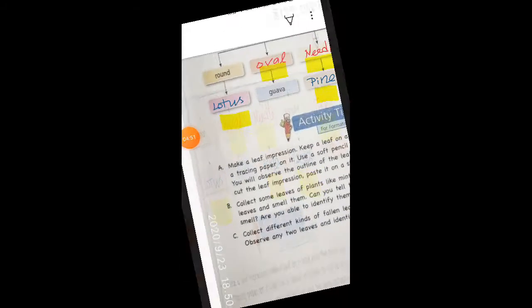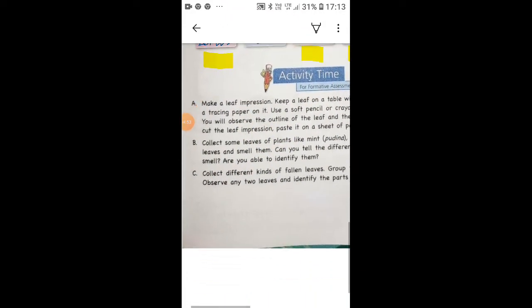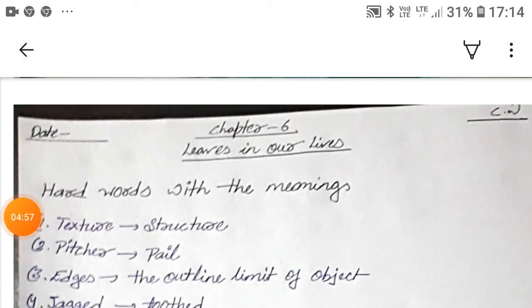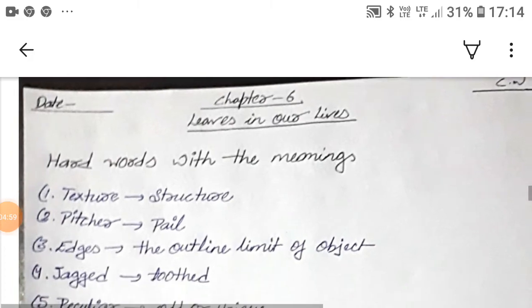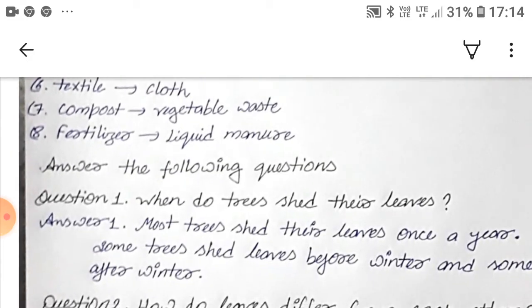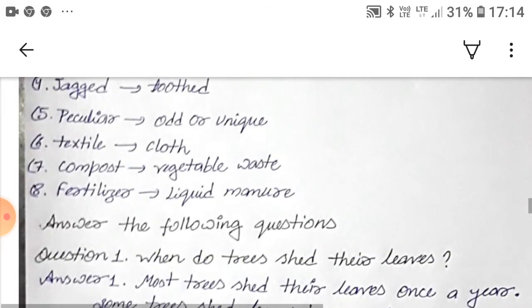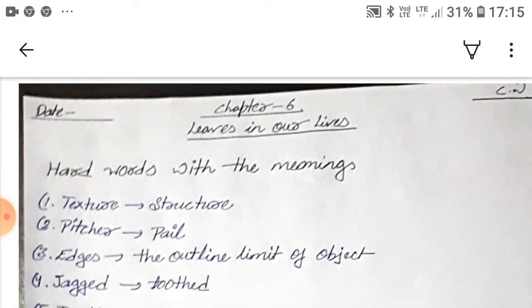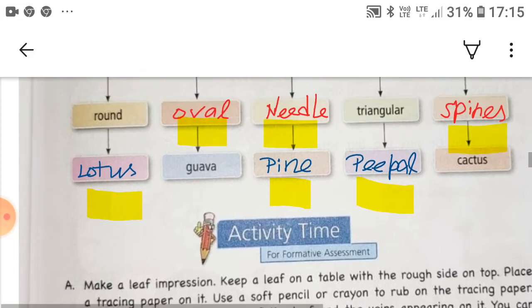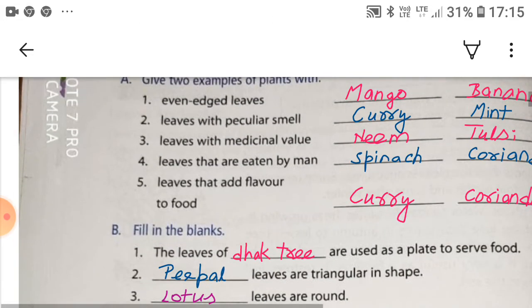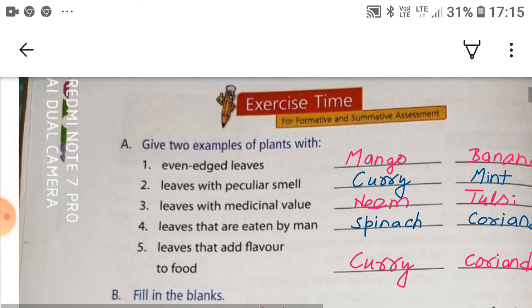Now you have to do question answers of this chapter. So first you have to write hard words with the meanings, and after it you have to complete question answers of chapter 6. So you have to do this work in your EVS copy, and you have to do exercises in your book, not in your copy.